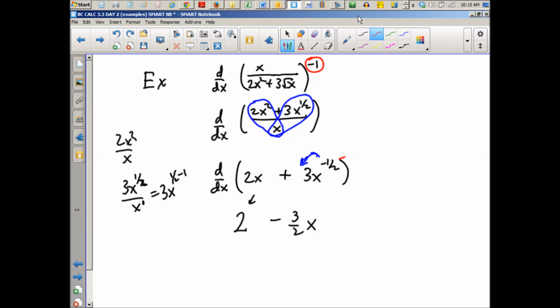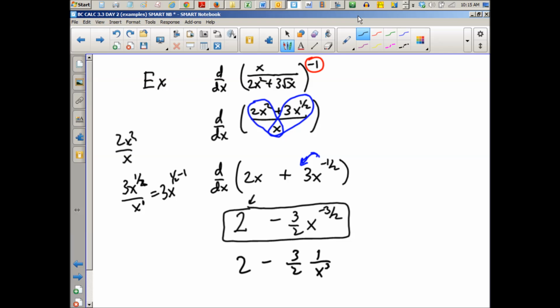So negative half minus 1 is negative 3 halves. And there's your answer. You can leave this as exponential form like that if you like, as long as the back of the book agrees. Otherwise, you're going to have to switch it to this. And then you can just write it as 2 minus 3 over 2x to the 3 halves.